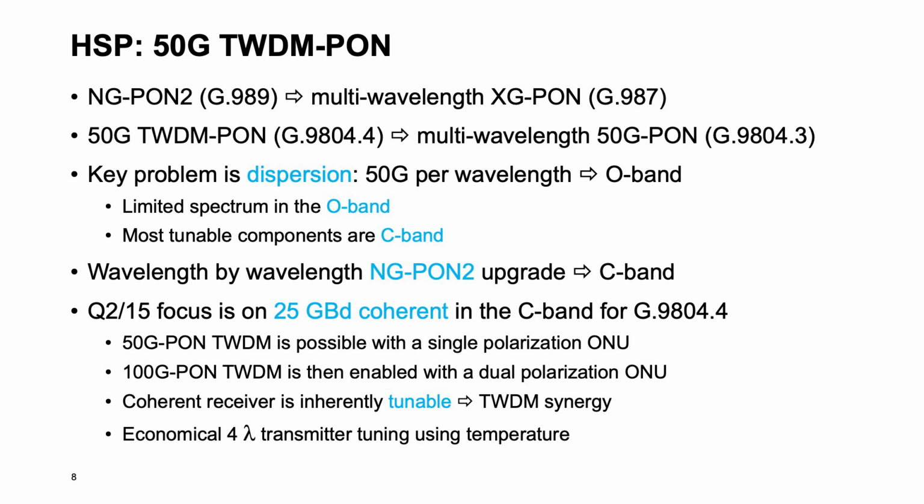We're looking at maybe a single polarization, so simplifying the coherent a little bit from what you would see in long haul. And we also have the advantage that we need tunability in TWDM, and the coherent receiver is inherently tunable. You can tune the local oscillator, so you don't need a tunable filter. And you can tune over just a small range of 4 channels just using temperature. So from a technology point of view, that's quite feasible.